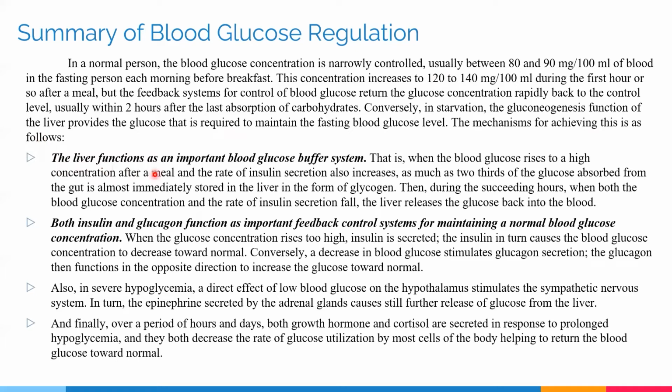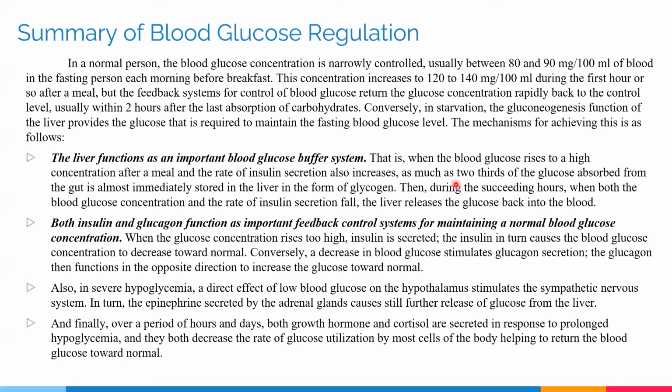The liver functions as an important blood glucose buffer system. That is, when the blood glucose rises to a high concentration after a meal, the rate of insulin secretion also increases.